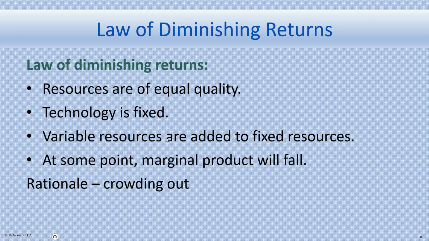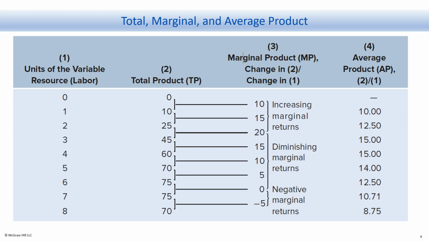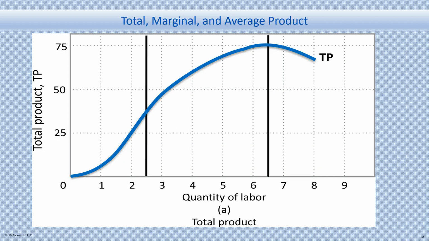Not exactly the same. Let me go back to where we were. There it is, our total product curve. But the point here is, initially you're increasing output at an increasing rate as you hire more workers, but beyond this point, they call that an inflection point, you're still increasing output, but at a decreasing rate until you reach a total of 75 as your maximum output.